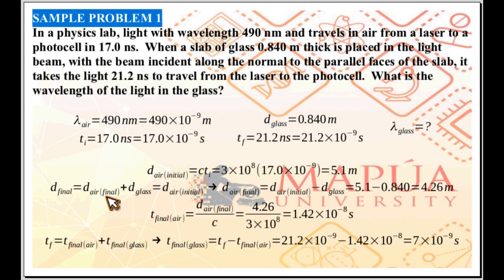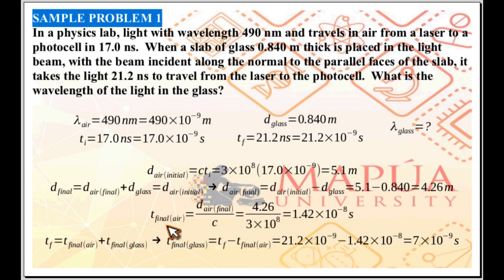Isolating D air final, since we know D glass, D air final is equal to D air initial minus D glass. Knowing D air initial and D glass, we are able to calculate D air final: 4.26 meters. For D air final, light is traveling in air, so the speed of light in air is still c, and we are able to determine the time of travel of light in air in the final case.